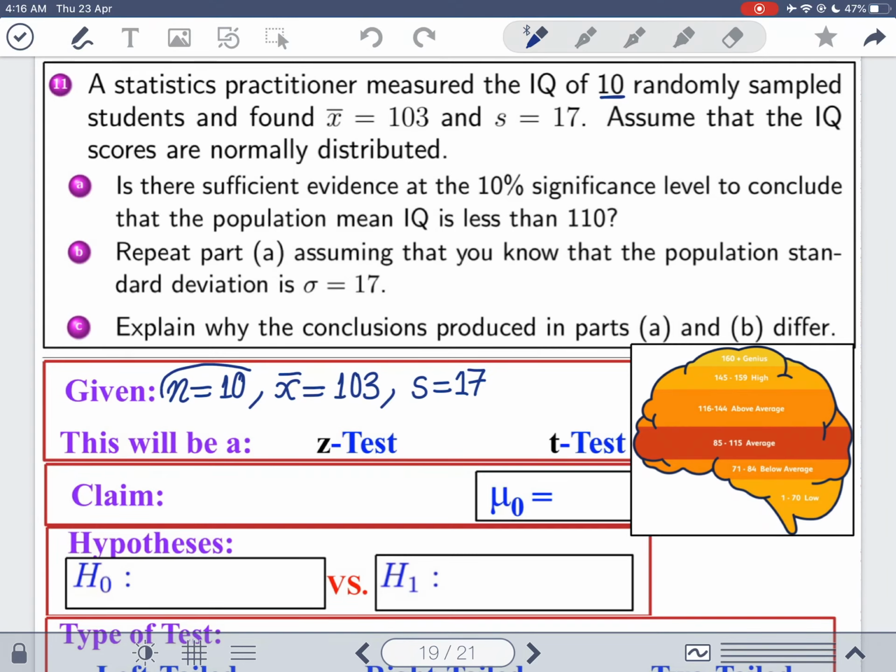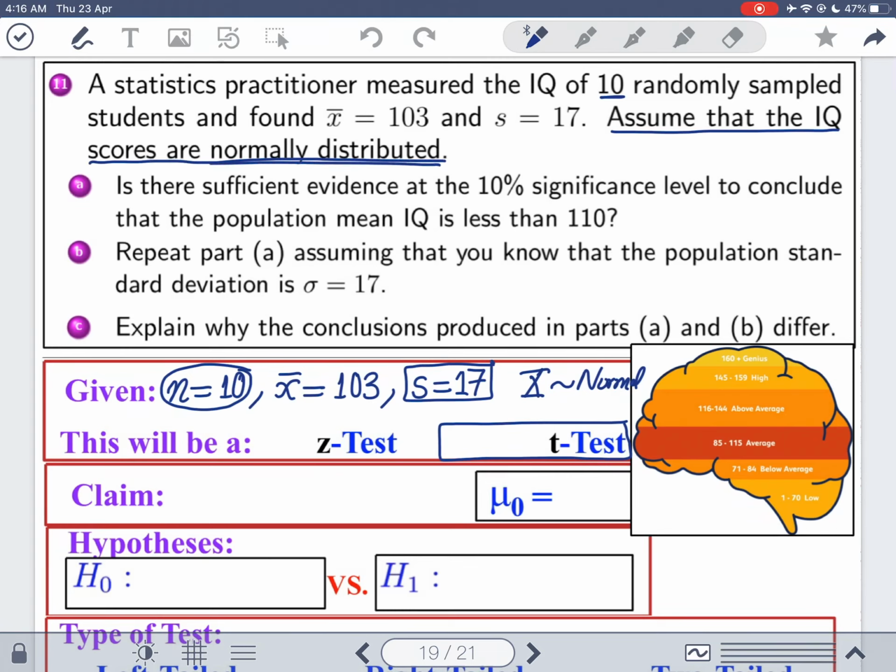Notice we have a small sample size and sigma is unknown. So immediately you know that you will use a t-test if you read somewhere that this is a normal distribution. You need your random variable to be normal. Okay, let's see. Does it say anywhere? Yes, assume that the IQ scores are normally distributed. See? So put a happy face here because you expected it and it was there.